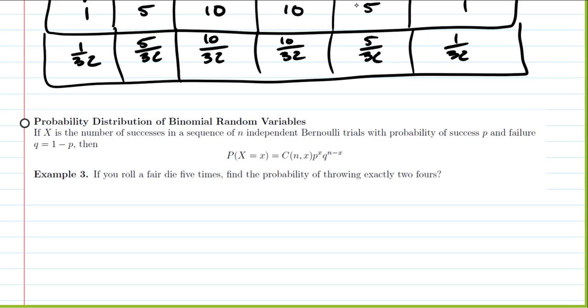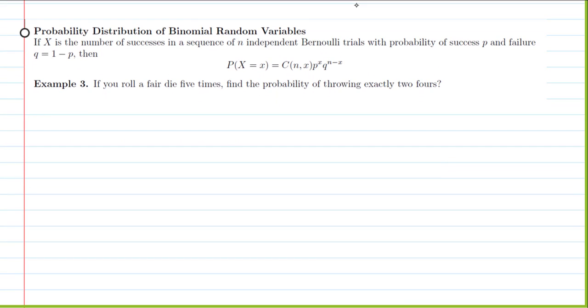So, for example, if you roll a fair die 5 times, what's the probability that you throw exactly 2 4s? Okay, well, let's do the formula and then we'll do it the long way. So we want the probability that we throw exactly 2 4s.